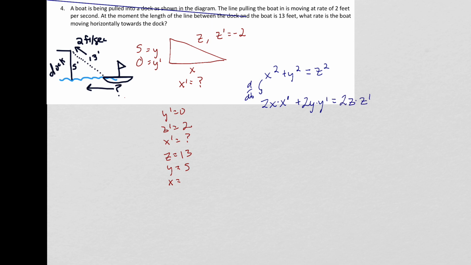Now I'm going to divide everything by 2 to make it simpler, and that gives me x times x prime plus y times y prime equals z times z prime.